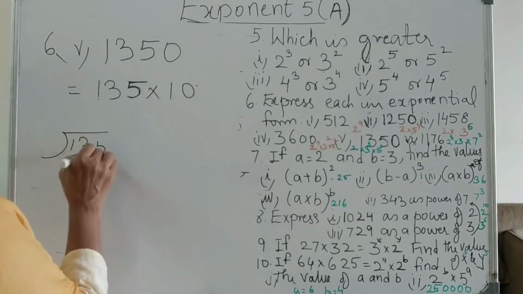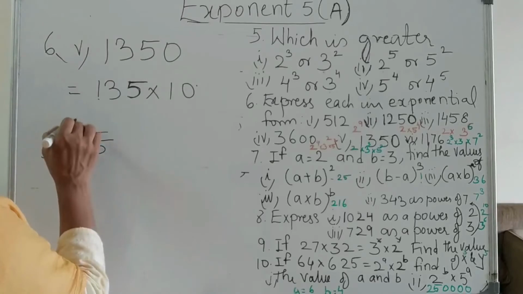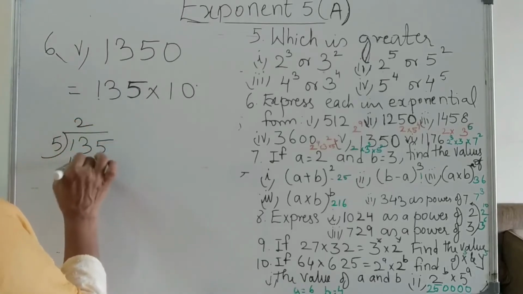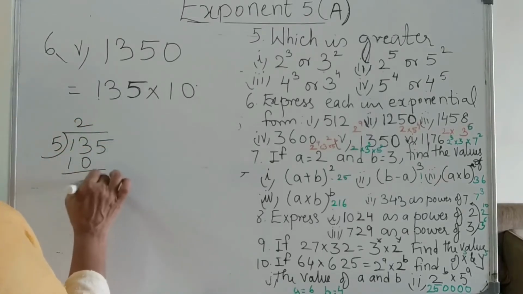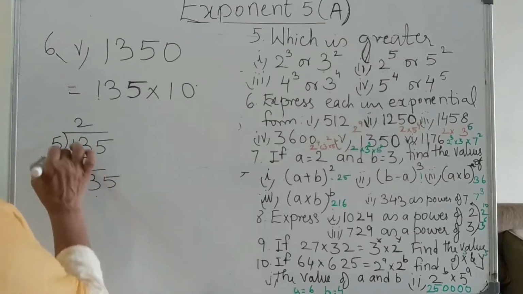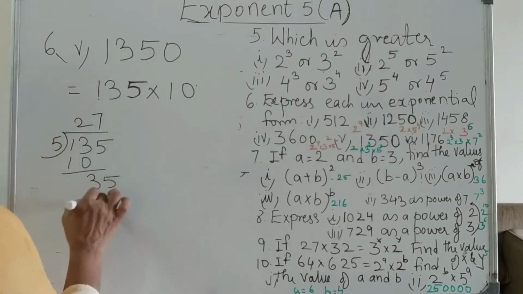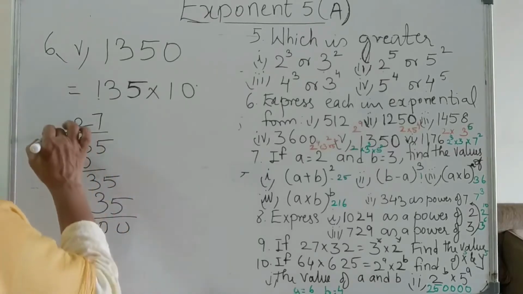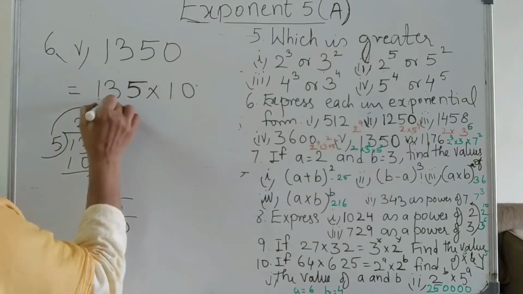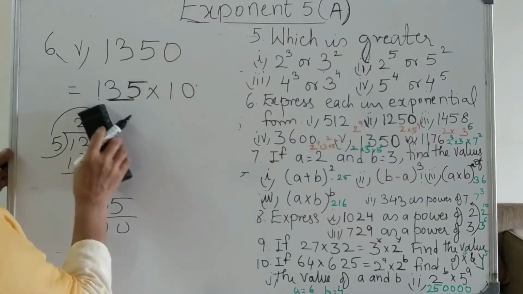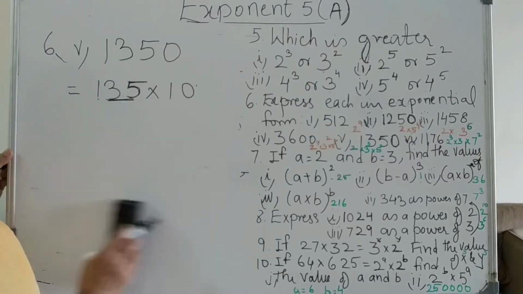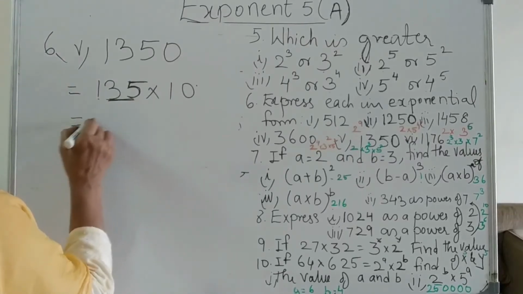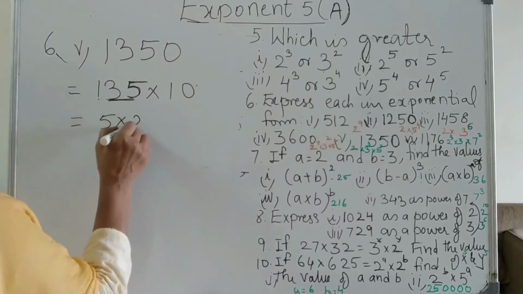So 135 you divide by 5. 5 2's are 10 and 35 is remaining. So 5 7's are 35. So here you get 5 into 27.